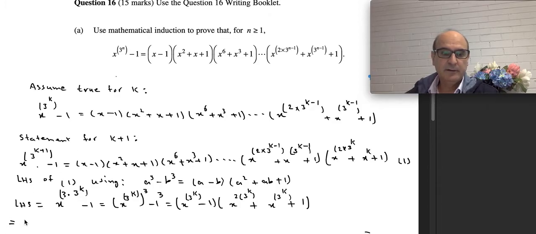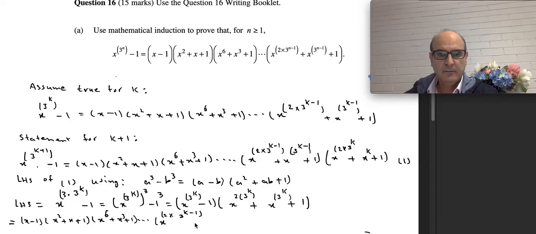So I can write this as x minus 1, x squared plus x plus 1, and x to the 6 plus x cubed plus 1, and so on, up to x to the power of 2 times 3 to the k minus 1 plus x to the power of 3 to the k minus 1 plus 1.